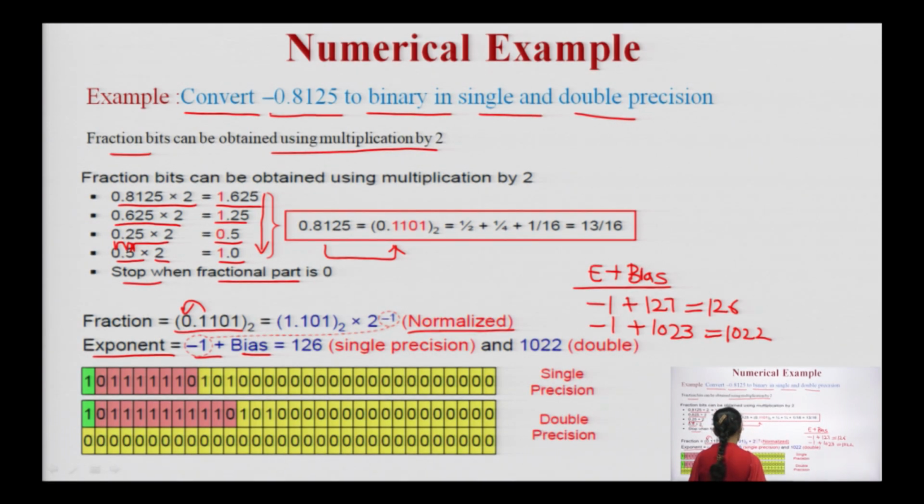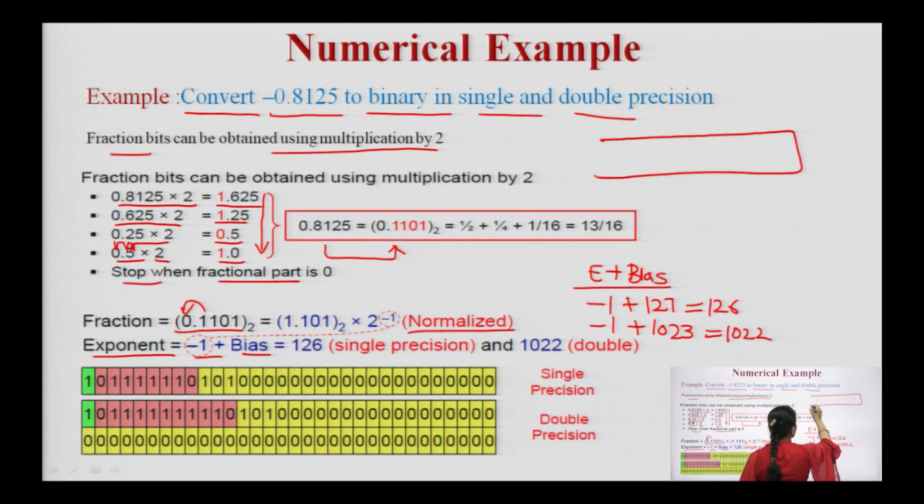So, if I have to represent the number in single precision, that is using 32 bits, then as the number is negative, I will represent 1 in my sign bit.